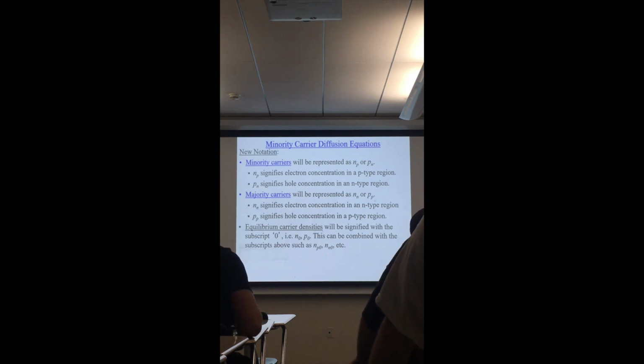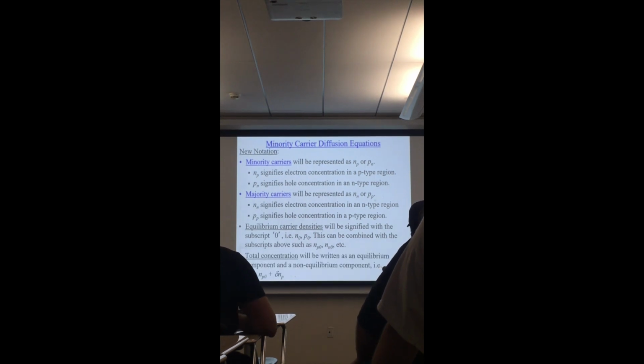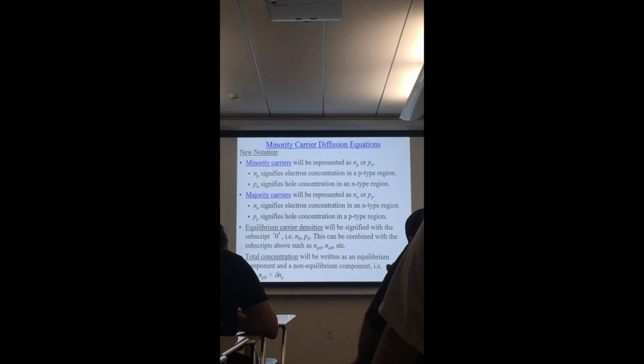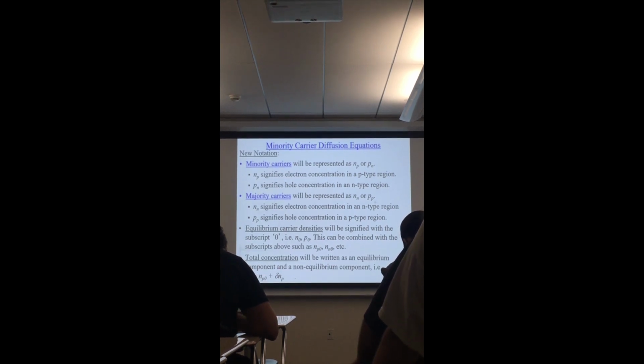And this would be the equilibrium majority electron concentration, right? And total concentration can be written as this equilibrium component plus a non-equilibrium component. We have shown this before. So this is the total concentration, this is the equilibrium part, and this is the non-equilibrium part, or the excess term.